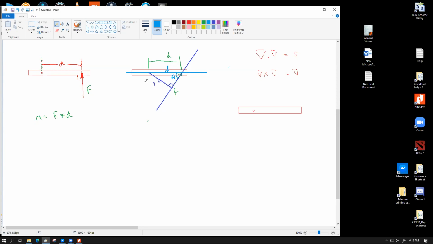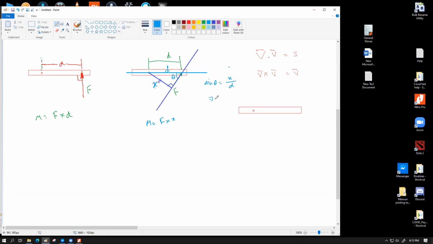Let me just give it a name. Let's say I'm going to give this a name, let's say x, just for the sake of discussion. So in this case, our moment should be f into x. Now I need to replace this x in terms of d and theta somehow. Now if you have a look at this right angle triangle, and if I want to make a relationship between the hypotenuse and the opposite, hypotenuse and opposite are related by sine ratio. So I can write sine theta equals opposite, in this case which is x, divided by the hypotenuse, which is d.